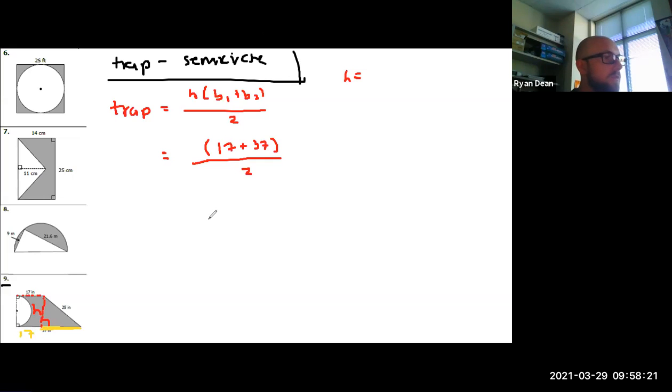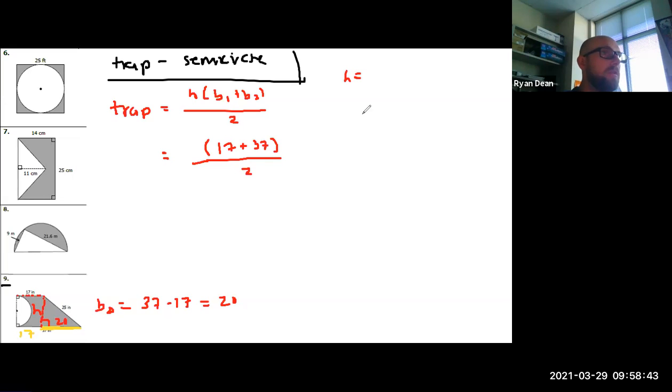So to make sure that I'm using the right length for the base, I need to do 37 minus 17. So this is the base of the triangle. 37 minus 17 is 20. So I have 20 down here.